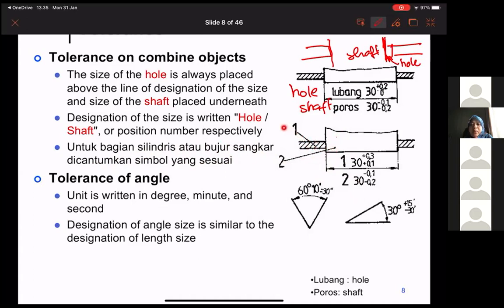This part number 1 is the hole, and this is part number 2. From the graph we can know that part number 2 is the shaft, which is 30, and both of the linear tolerances are minus 0.1 and minus 0.2. Again, for angles, the tolerance should be written in degrees, minutes, and seconds, like in previous weeks, and the designation of angle size should be similar to the designation of length.